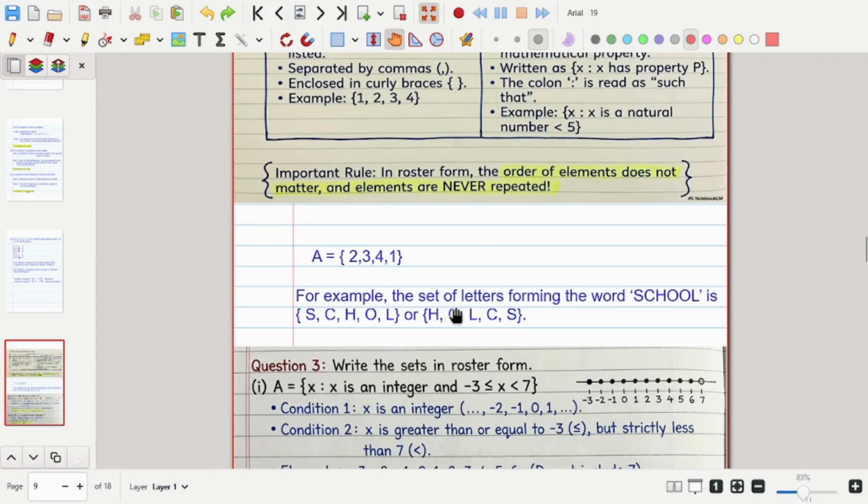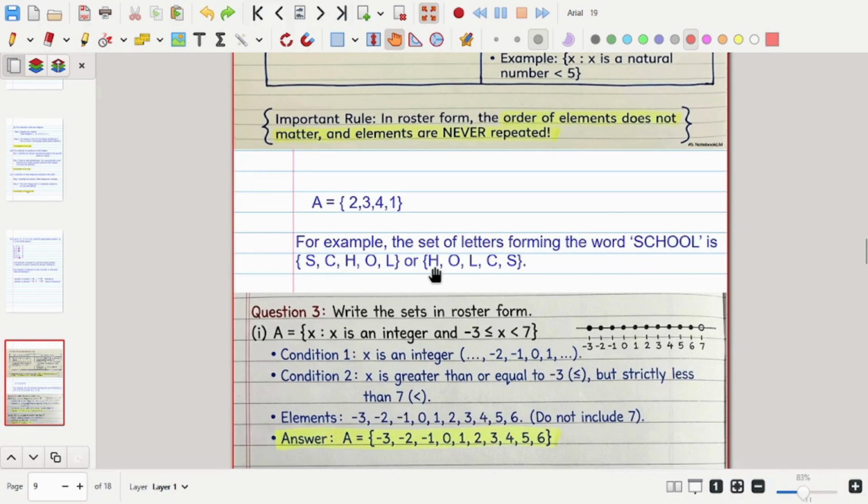For example, the set of letters forming the word school is S, C, H, O, with O coming two times, so we will write it only one time. Therefore, the set is S, C, H, O only one time, L. Even if we change its order as H, O, L, C, S, the set doesn't change; it remains the same as it is.